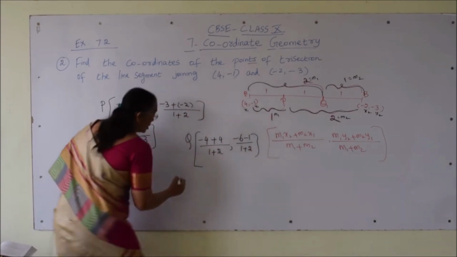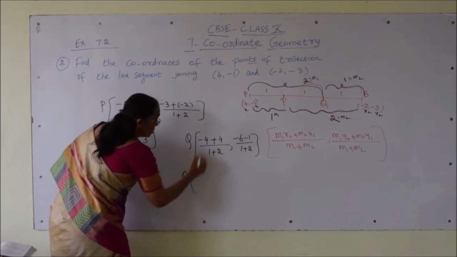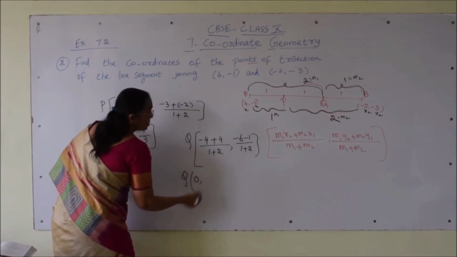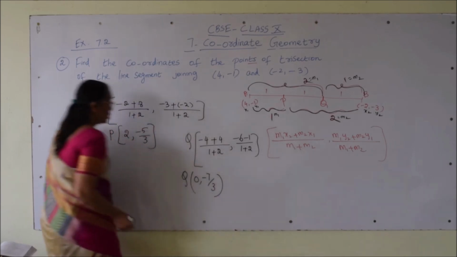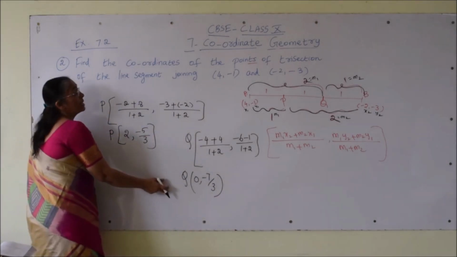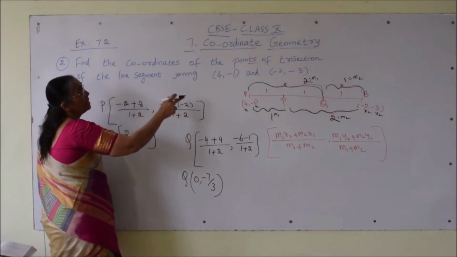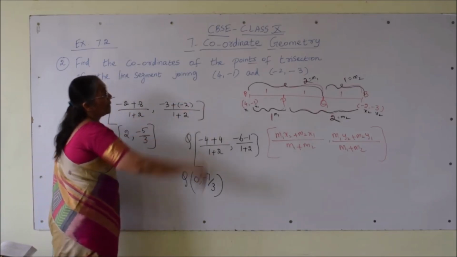So, the Q coordinates are 0, since -4 plus 4 is 0, comma, -7 by 3. These are the 2 points which divide the line segment into 3 equal parts, the trisection.